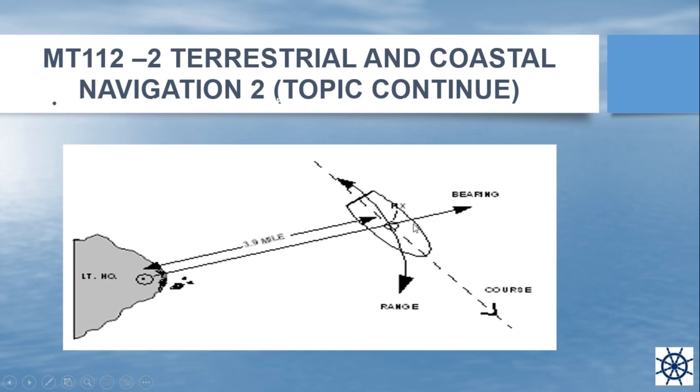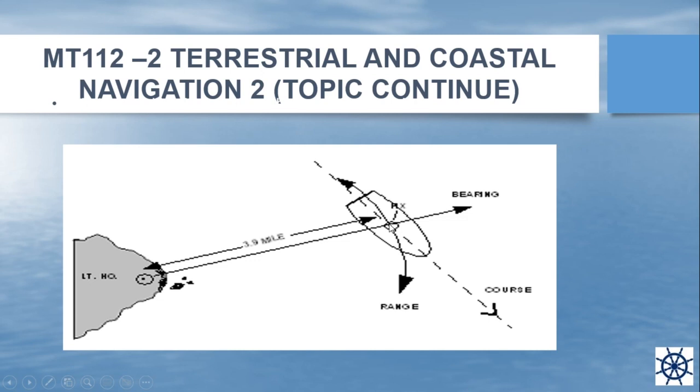The vessel is on course in a southeast quadrant. So as you can see, the intersection of two lines of position will be called a fixed position.